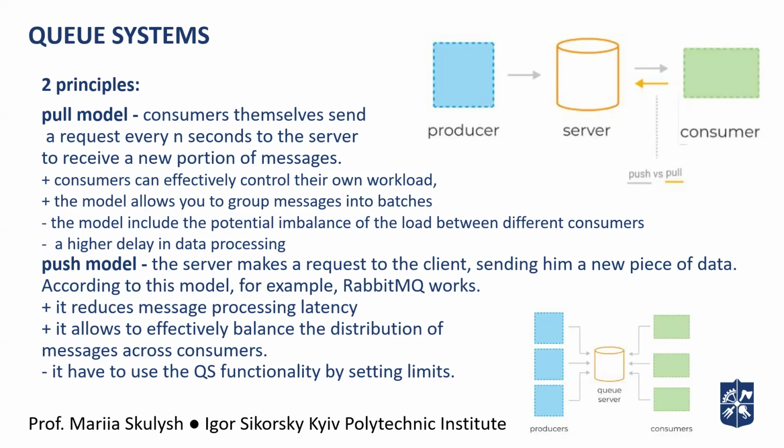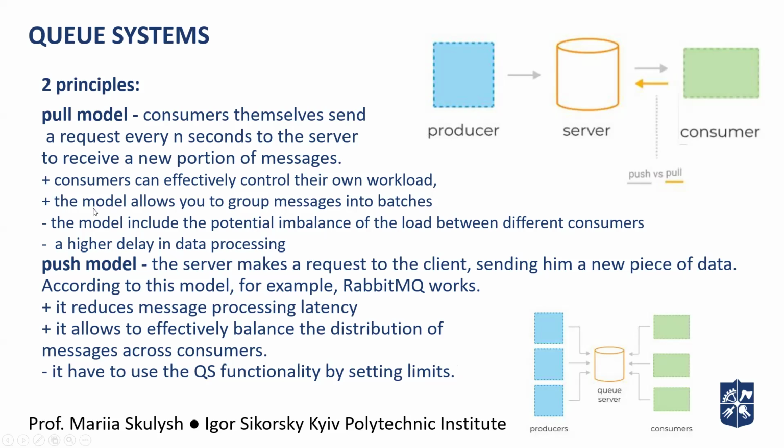The pull model means that the consumer takes requests from the server. The consumer asks for a request, and the server gives the request as an answer, and then the consumer processes this request. So the consumer can control how many requests it needs for processing.